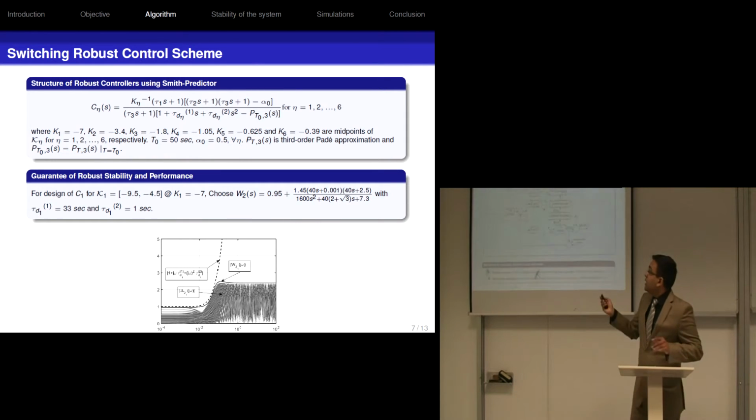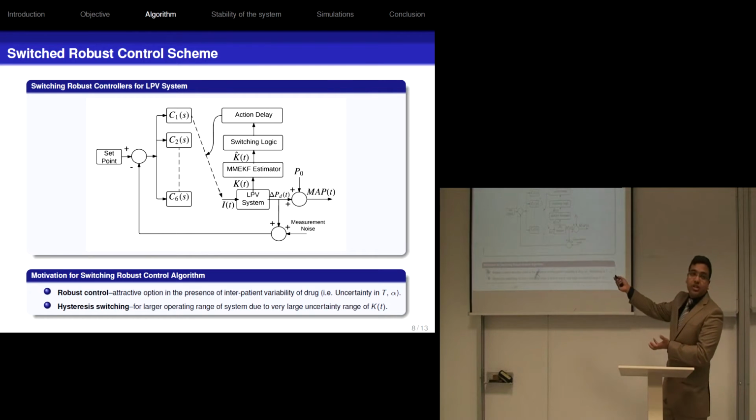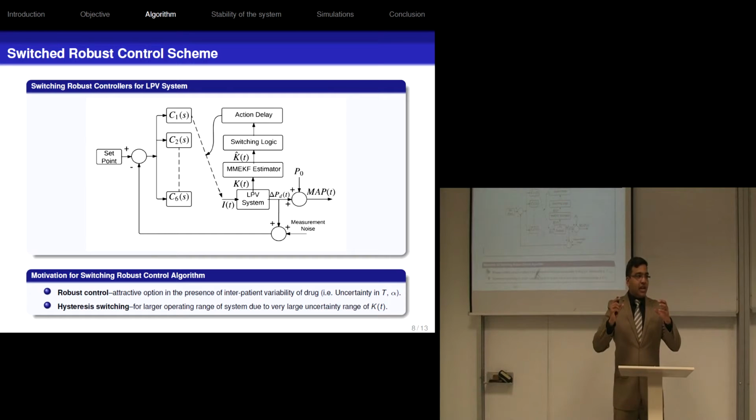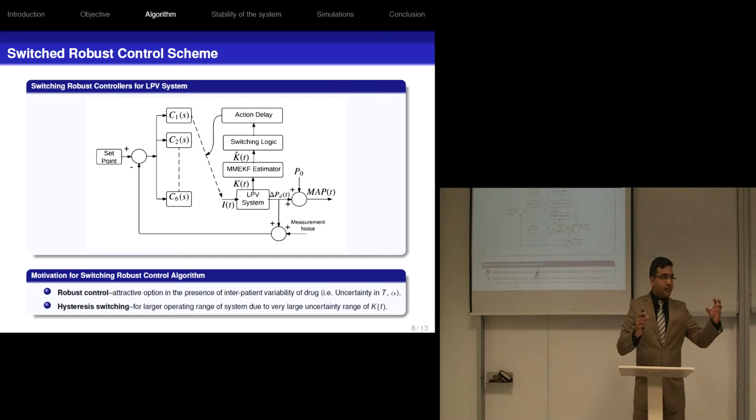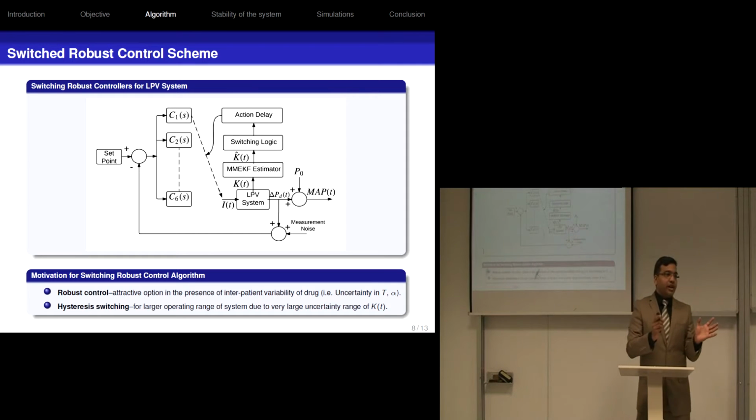Okay. Now I have a controller for each plant, for each different range of K. I will combine them, and how will I combine them? By this switching algorithm. For a particular range of K, I will set up a controller, and if the patient is not in this range of K, it moves to some other controller, so I will provide switching.